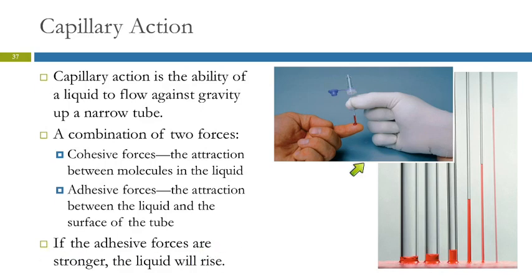So what happens is, well, let's look at this one maybe. So here are different diameters of tubing, and in the thin tube, the liquid will rise much higher than in a fat tube. But what happens is the molecule is attracted to the glass, and so it creeps up a little bit.